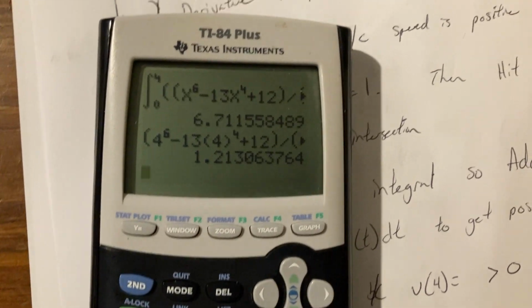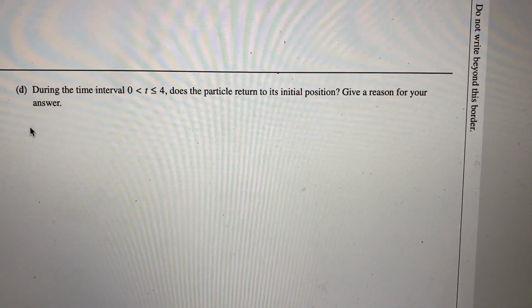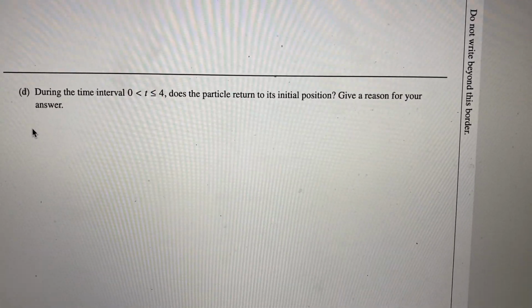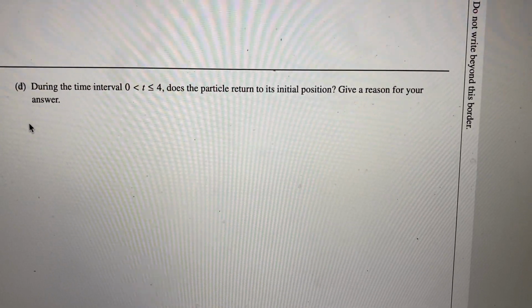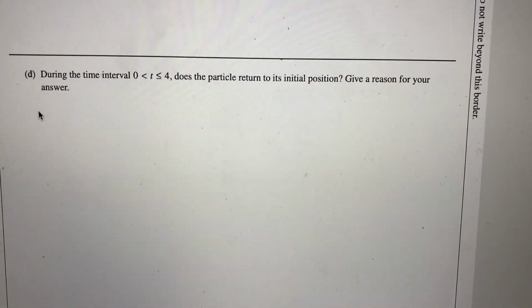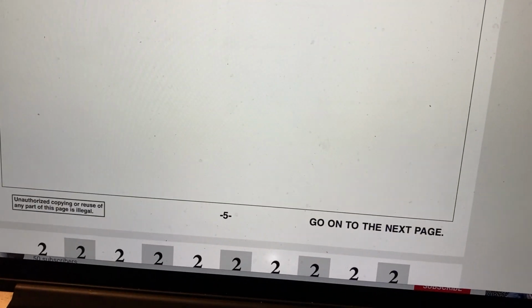Last one. D. It says, during the time interval from 0 to 4, not including 4, does the particle return to its initial position? Give reason for your answer. So the question is, does it ever hit 7 again?